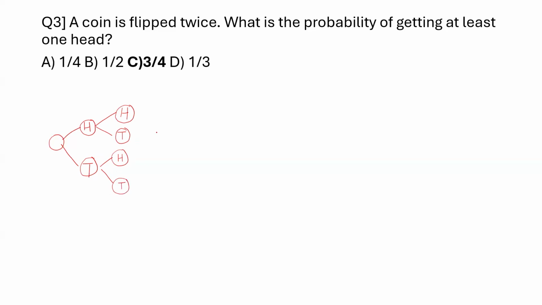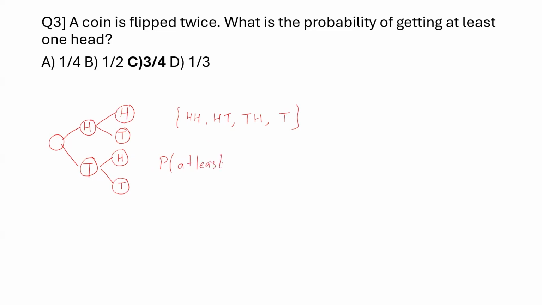These are the 4 possibilities. So sample space, how will you write? It can be H H, H T, then T H, and T T, right? So now they are asking the probability of getting at least one head.